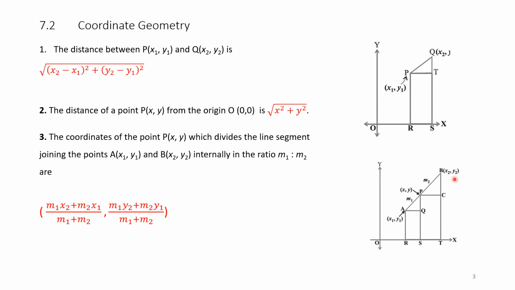Now we have to find out the point P, which divides this line AB in the ratio m1 is to m2, and this derivation you have to remember as the coordinates of point P. Here we have to find x and y: x is m1 into x2 plus m2 into x1, divided by m1 plus m2, comma, and the y coordinate is given by m1 y2 plus m2 y1 divided by m1 plus m2.